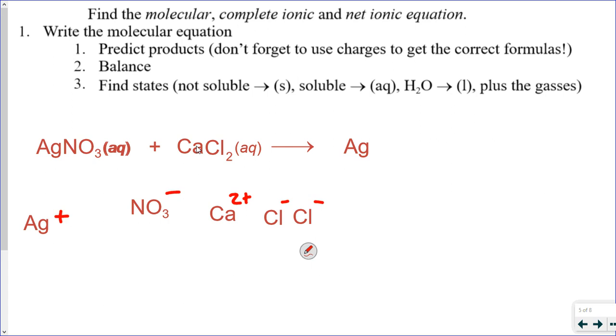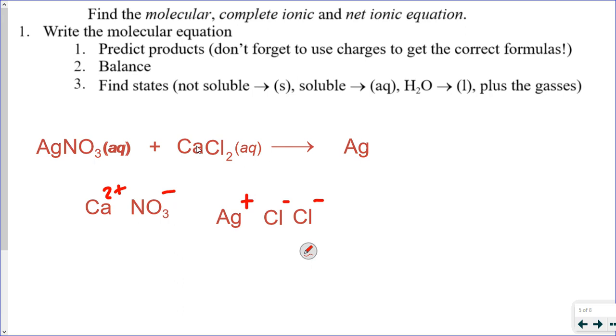We're going to take the silvers and the calciums, and we're going to end up trading places. Now, when you put them together, it's really critical that you are appropriate with charge, because you can see our problem right here. If we just literally switch them up and wrote down what we would get, we don't end up forming a neutral ionic compound.